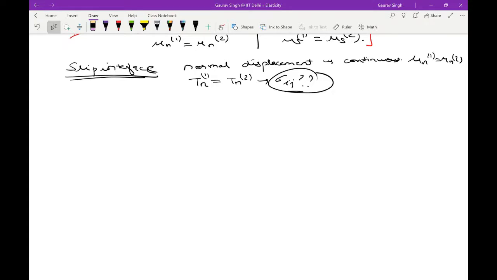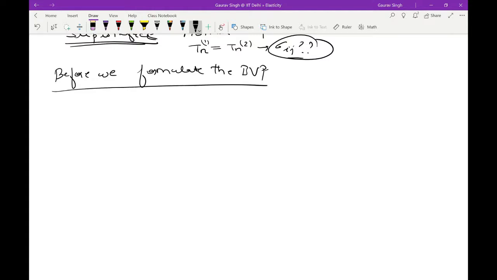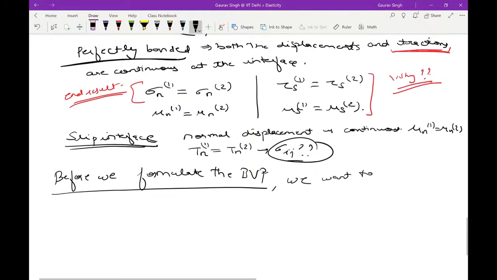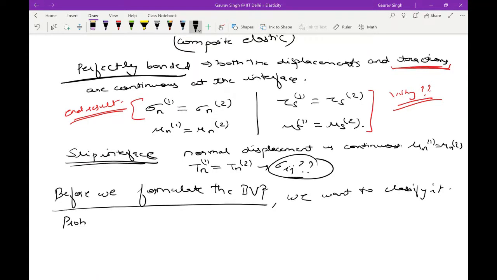So before we begin to formulate the boundary value problem, we want to classify it. So there is problem 1, it is called the traction problem.